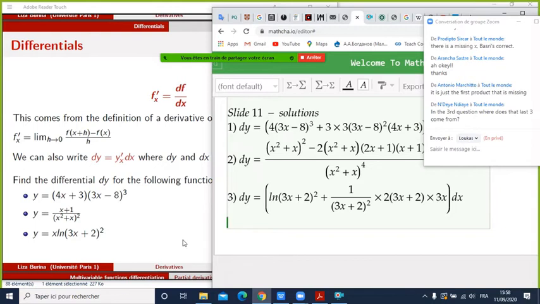So the square results in 2 times whatever it is to the power of 1. Perfect. And then there is another inner function. The final one is 3x plus 2 and its derivative is 3. So that's where the last 3 comes from. Is that good?